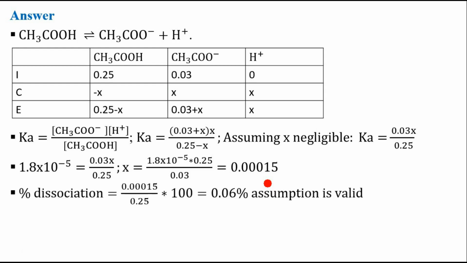But if you have made an assumption, you need to check whether it is valid. The percentage dissociation is the amount dissociated divided by the initial 0.25, times 100. We get 0.06%. Because it is less than 5%, the assumption is valid. Then you can say that the hydronium concentration is equal to 1.5 times 10 to the power negative 4 molar.